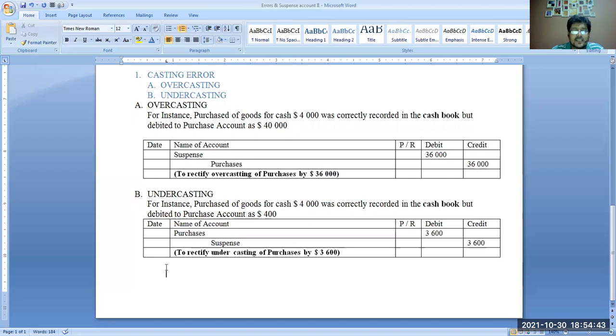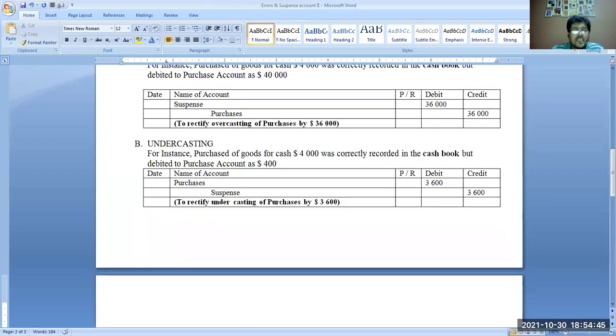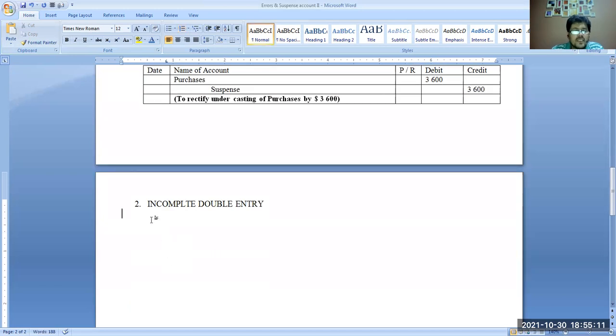So next, the second error, which you could make while making a trial balance, is incomplete double entry.